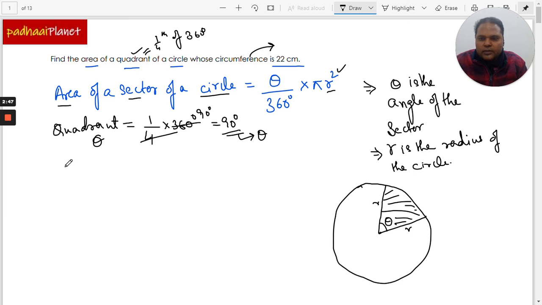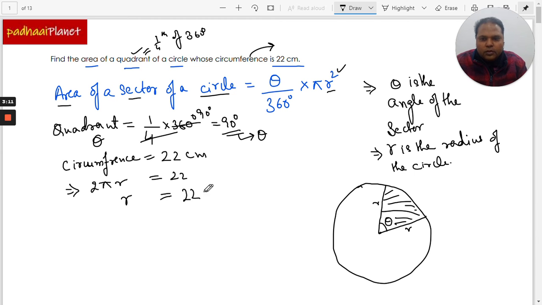Now let's find out r. We know that the circumference which is given is equal to 22 centimeters, so 2 pi r is equal to 22, or r is equal to 22 multiplied by 7 divided by 2 and 22.